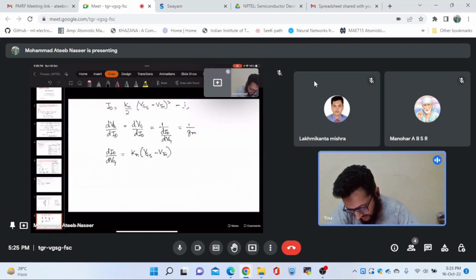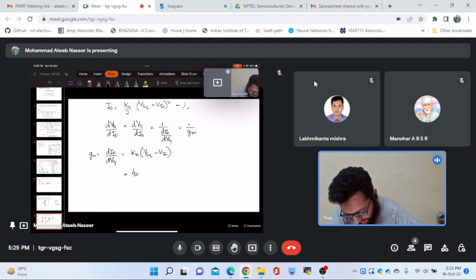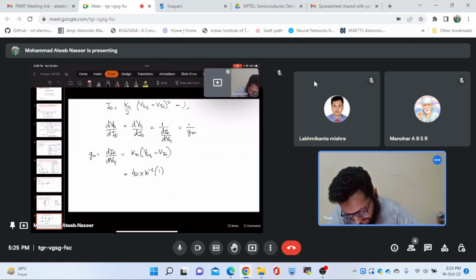Now this is the gm value that we have, and this Kn has the value of 40 micro, so 10 to the power of minus 6, and this VGS minus VTH is 2 minus 1, which is 1 volt. So gm is 40 into 10 to the power of minus 6.